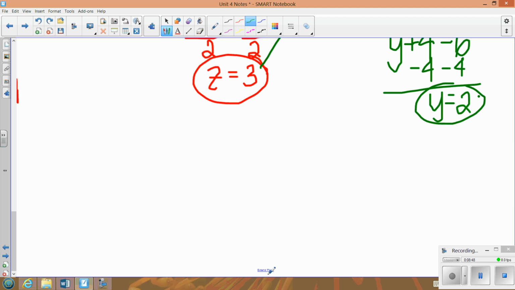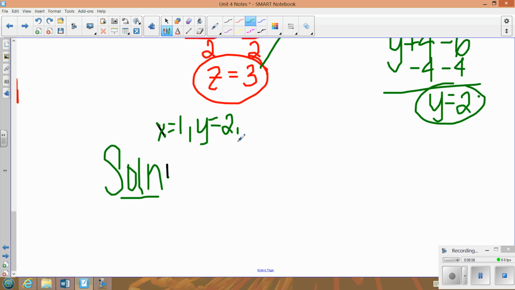So now my solution: we had x equals 1, y equals 2, and z equals 3. And when you write your solution, you write it as an ordered pair, but with 3 variables. So it's actually going to be 1, comma 2, comma 3.